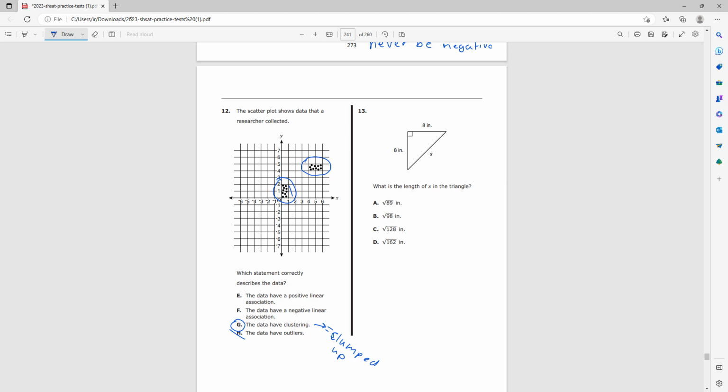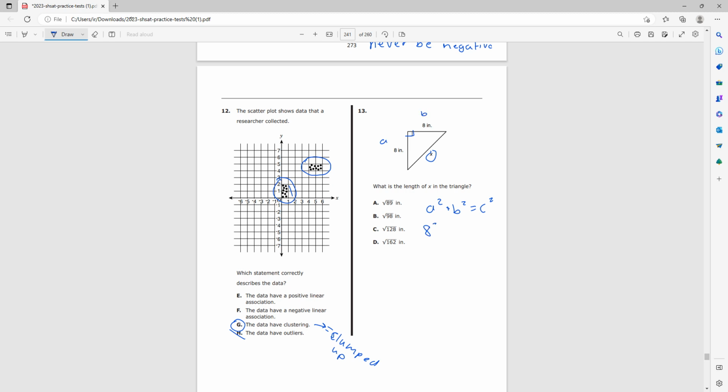Number 13, what is the length of x in this triangle? Notice we have a right angle, which means that we could use the Pythagorean theorem. A squared plus b squared is equal to c squared. So let's just set this as a, this as b.